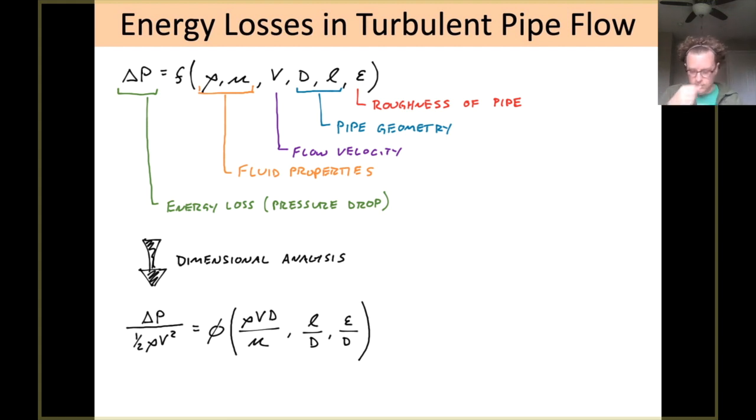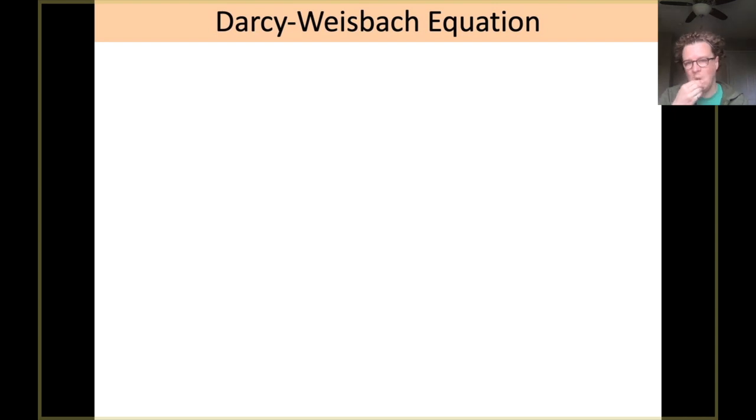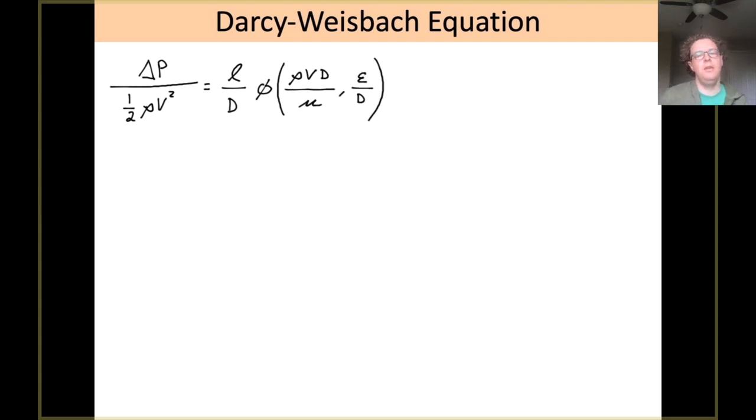So this is what we know about turbulent pipe flow, right? We can relate these things, although we don't have an explicit mechanistic way to do so, but we expect that this is what would describe the relationship. What the Darcy-Weisbach equation does is formalize this a little bit for us. And I'm rewriting here what we had on the previous slide with one important change.